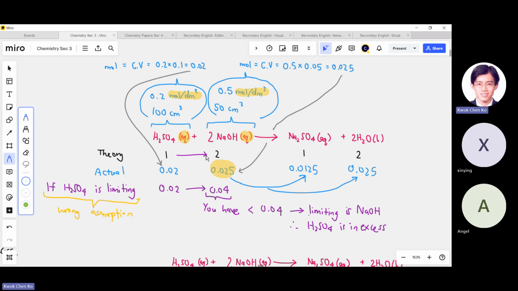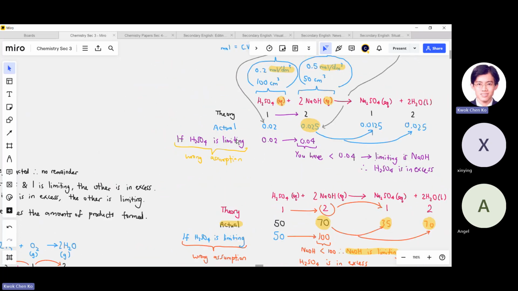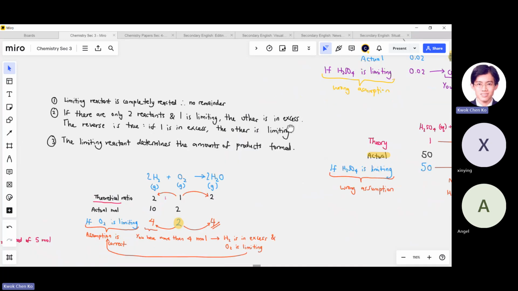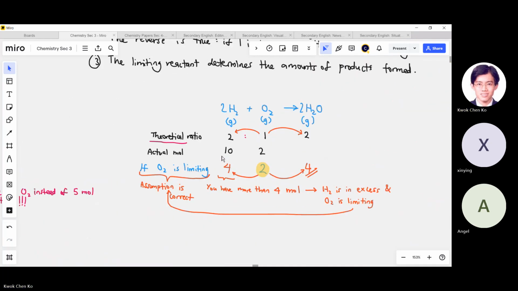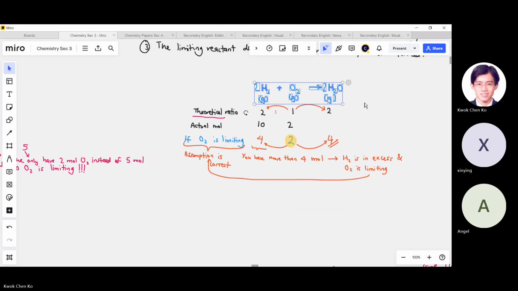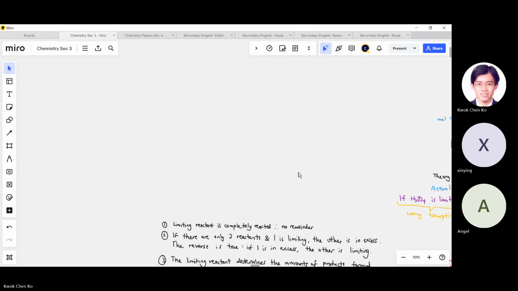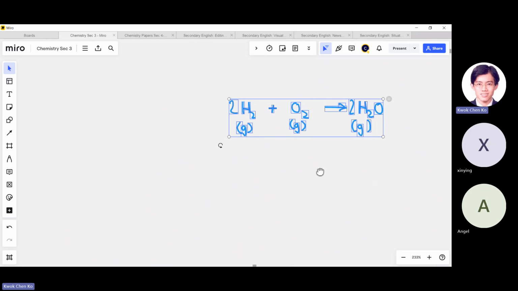Okay, let's have enough time for one last example. Again, nothing new. I use the same reaction again. Let's look at this one.